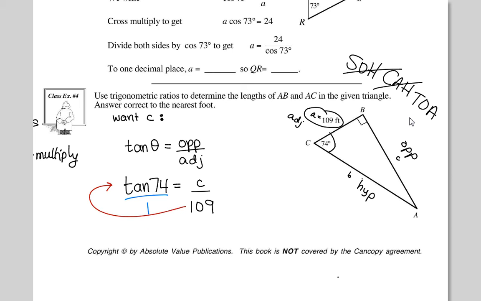This 109 will get put right there. So you have 109 multiplied by the tangent of 74, and that will equal C. And remember, tangent of 74 is just a number. Tan 74 times 109. Make sure you close the bracket on that 74. Like, don't have it all messed up. 380.12. Let's just put 380.1.